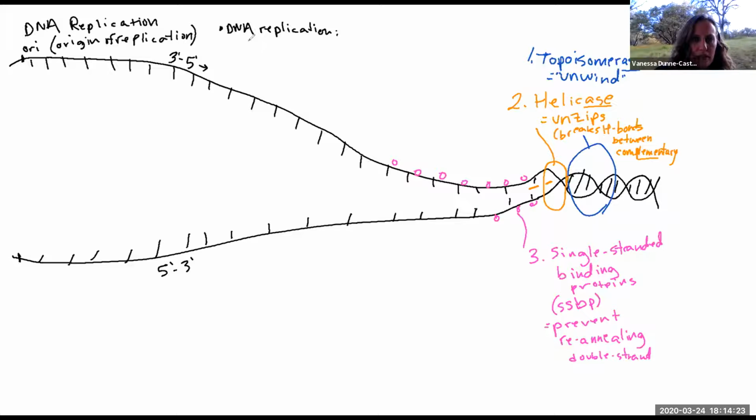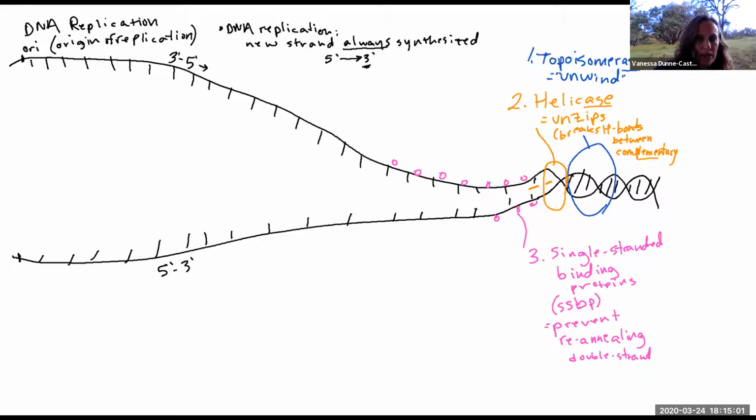Always the new strand is synthesized from the 5 to the 3. So that 3' carbon is always the end of this newly synthesized strand because the polymerase works by adding on nucleotides to that existing 3' carbon. So it's always made in the 5 to 3' direction, period, end of story.